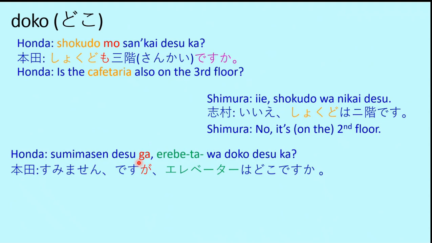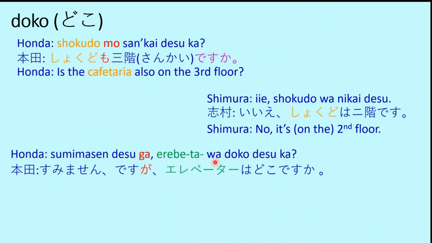Erebeta, the katakana form, means elevator or lift. So Honda-san is asking, excuse me, but where is the elevator?